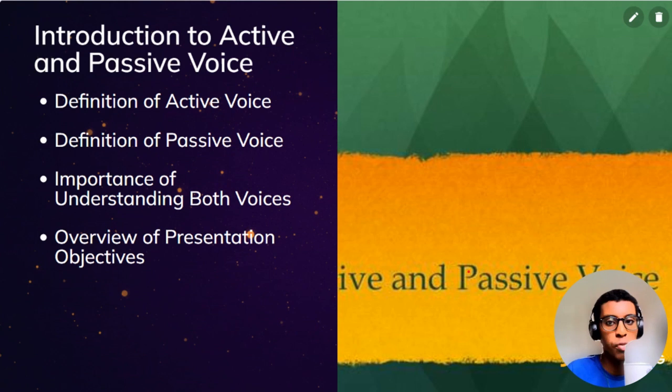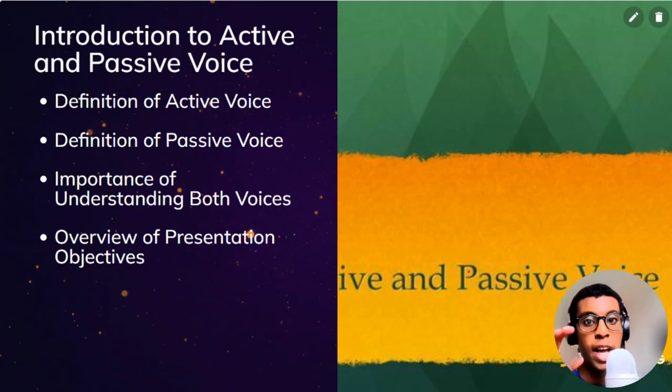For now, let's focus on how to recognize active and passive voice in your writing and other works. A quick tip. In active voice, look for a subject directly performing an action on an object. In passive voice, look for a subject that is receiving the action, often marked by forms of to be plus a past participle, like is being chased.